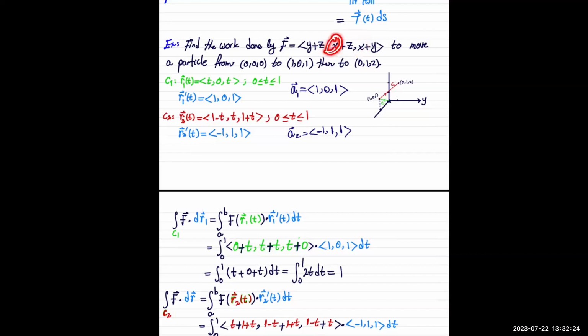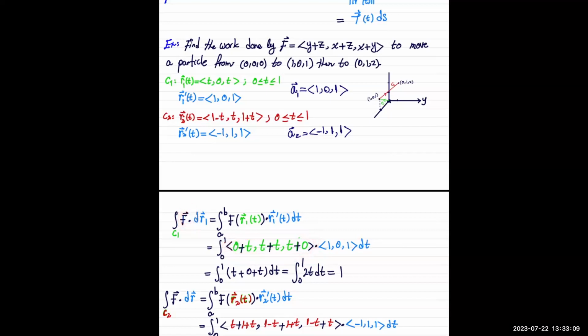X gets replaced with t, and z gets replaced with t, so you have t plus t instead of x plus z. For the last component, x gets replaced with t, y gets replaced with 0, so you get t plus 0 right there. This is the vector field that we composed with the curve C1.